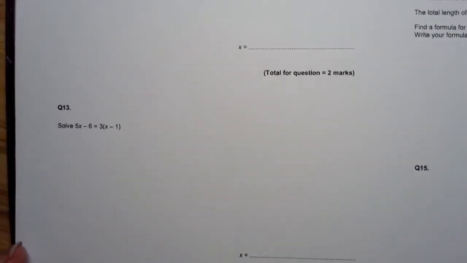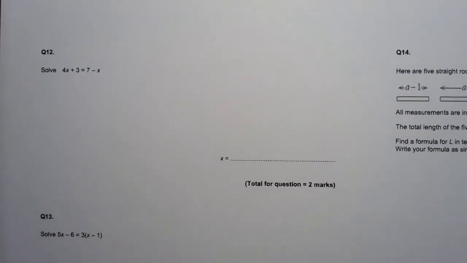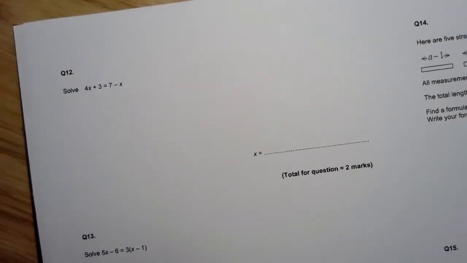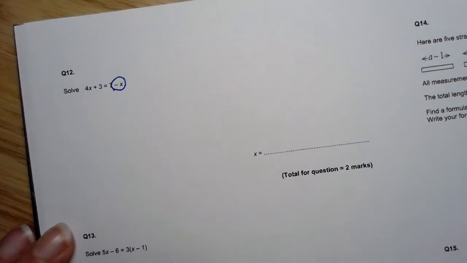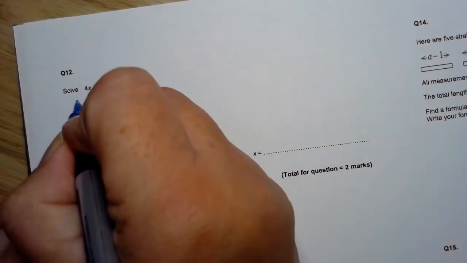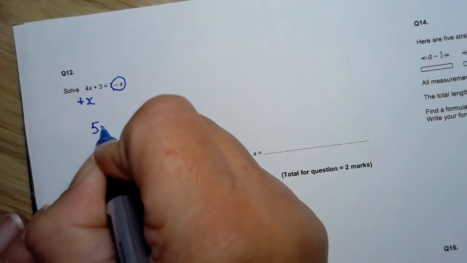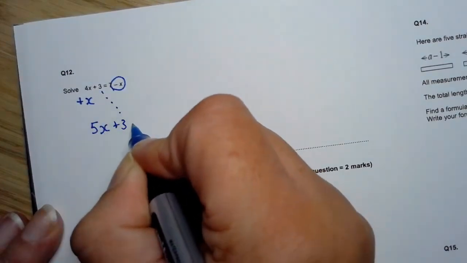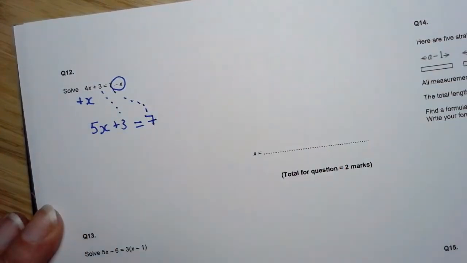Okay, question 12. We've got another double-sided equation. This time my x is negative, so just be careful, because when I move that, it is going to be added. So my first line of working will become 5x plus 3, remember that just drops down, equals, and I've sort of drawn over it, but that is going to equal 7.